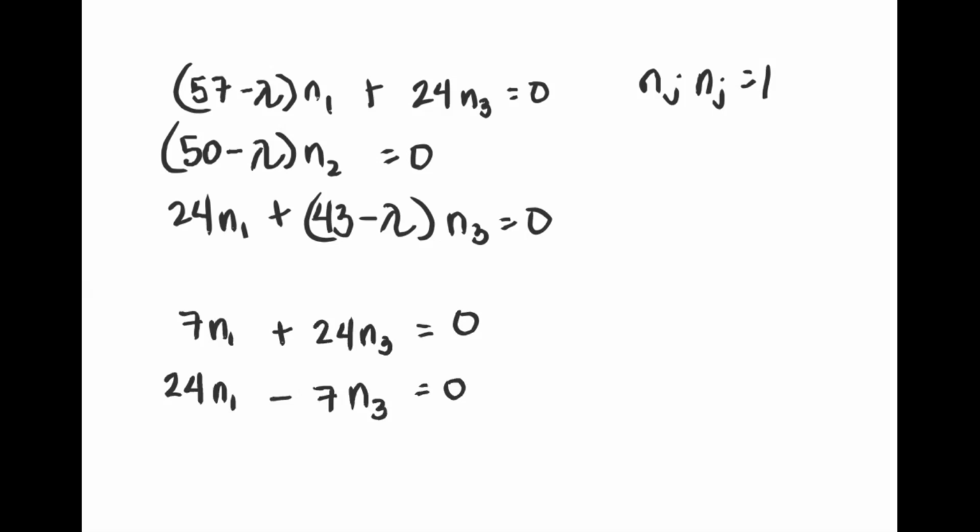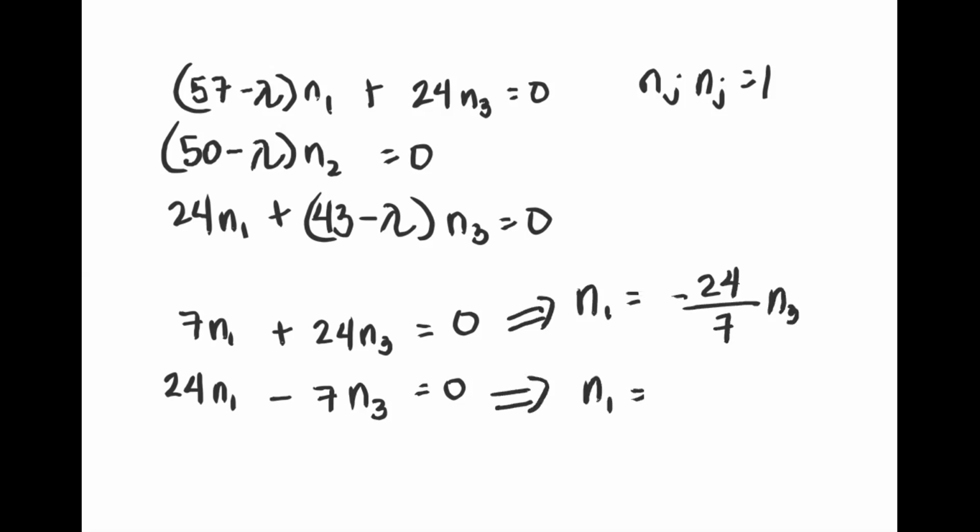And again, as you can see here, meron na namang bizarre thing na nangyari. Right? Sabi dito, n1 equals negative 24 over 7 n3. Sabi naman dito, n1 is 7 over 24 n3.